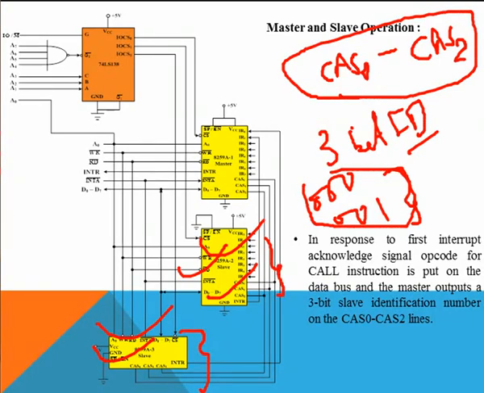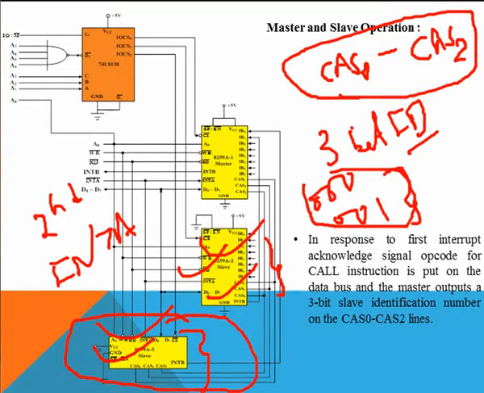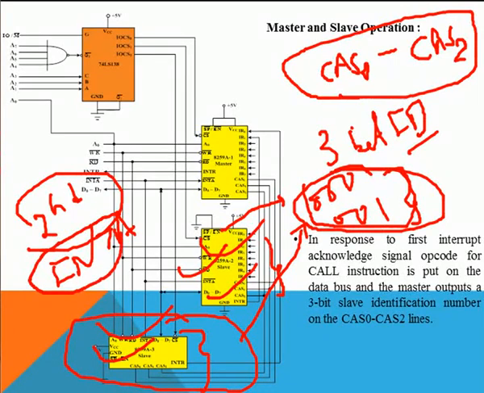When the slave receives the second INTA pulse from 8085, the activated slave will send the low address byte of the interrupt service routine, the ISR, on the data bus. Simply, when the slave compares its vector address with the identification number to know whose interrupt request is accepted, then after getting the second INTA pulse from 8085, that activated slave will send the low address byte of the ISR on the data bus.